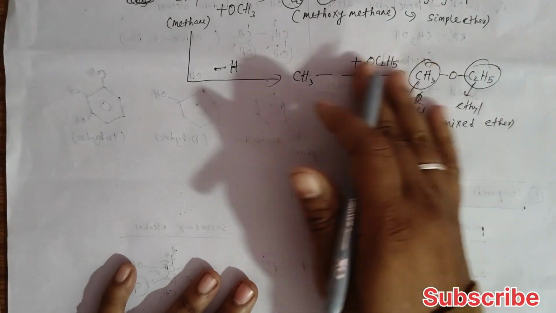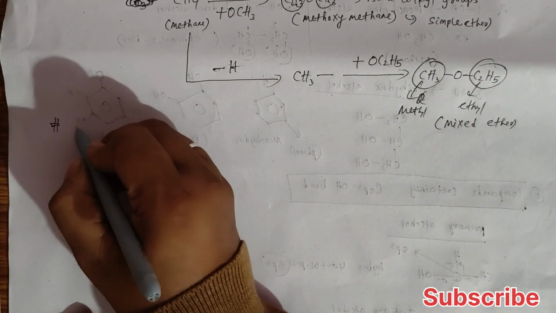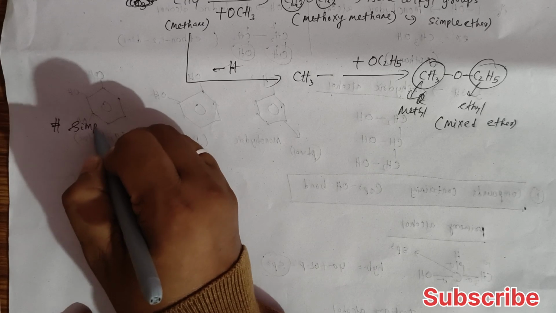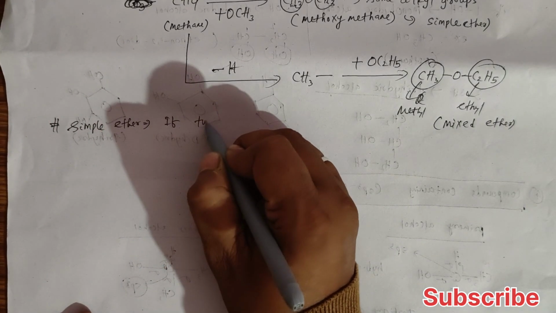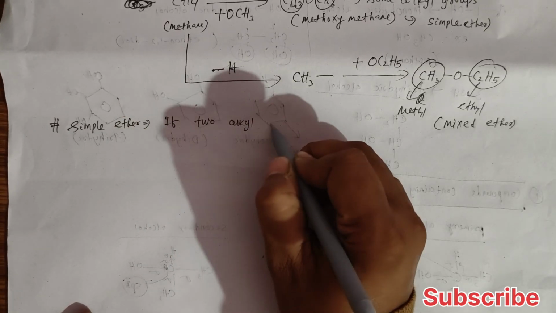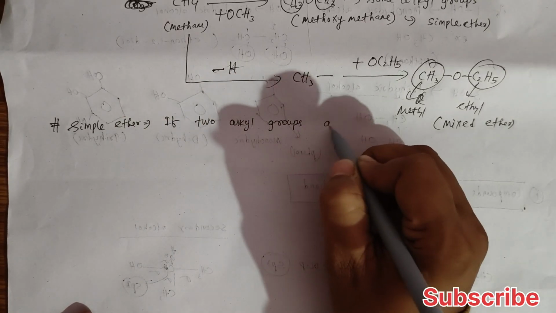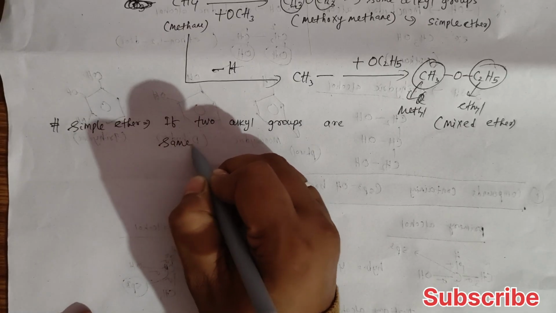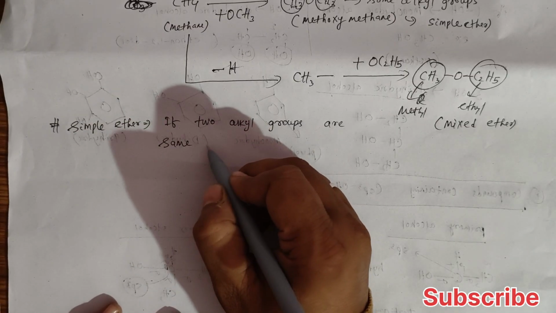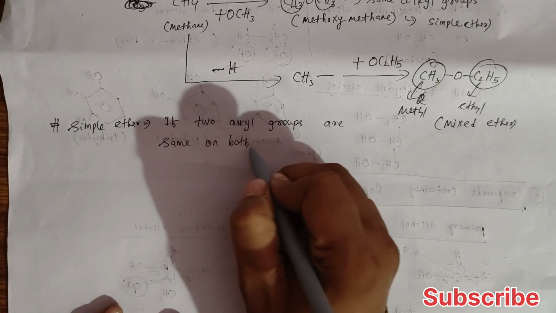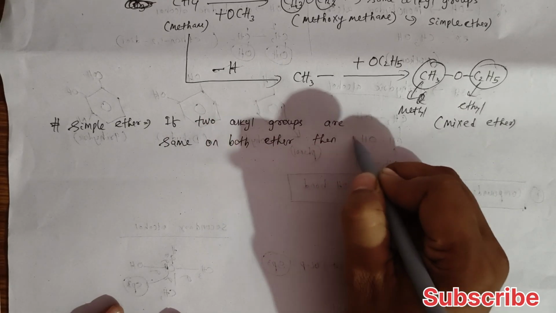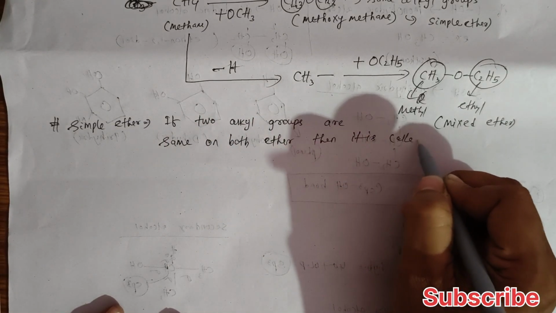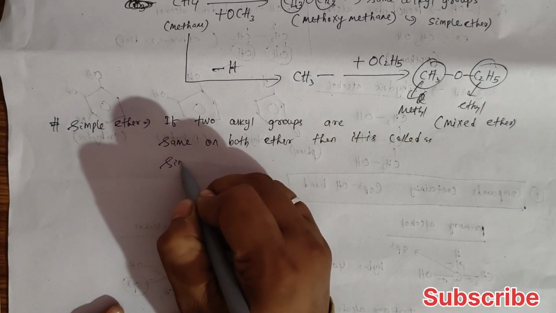Okay, so simple ether means what? Let me write the definition for all of you. Simple ether means if two alkyl groups are the same on both sides of oxygen, on both sides of the ether, then it is called a simple ether.